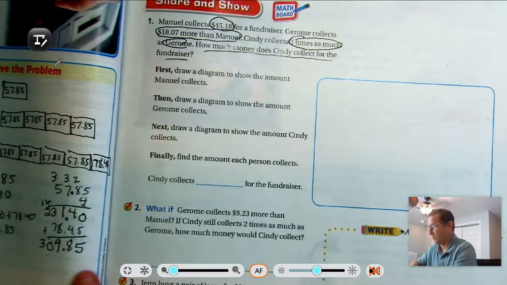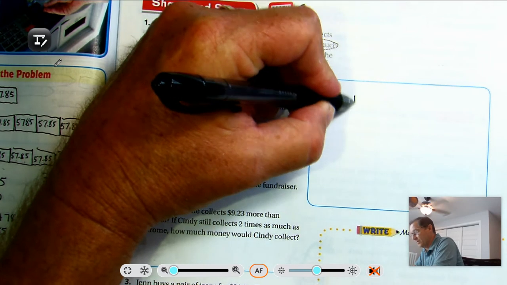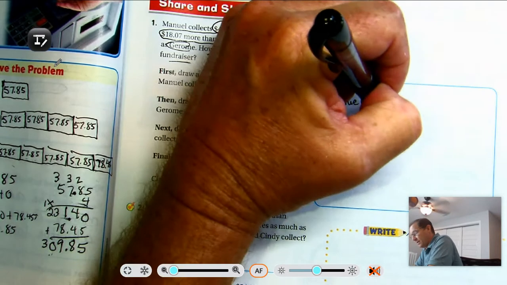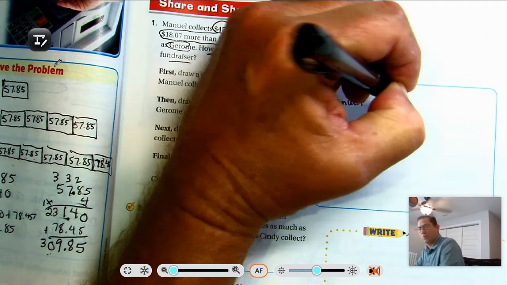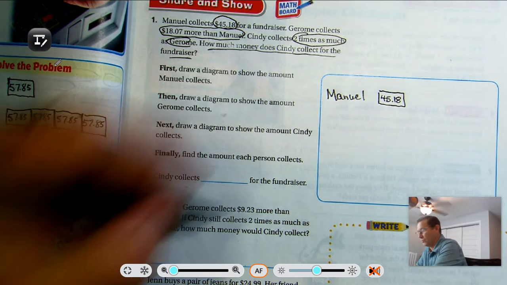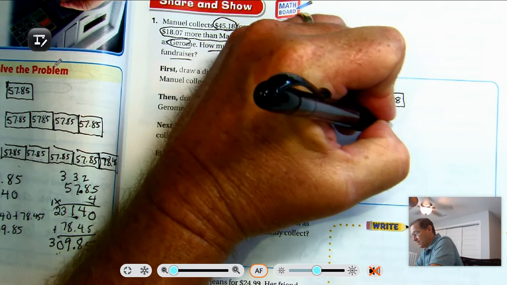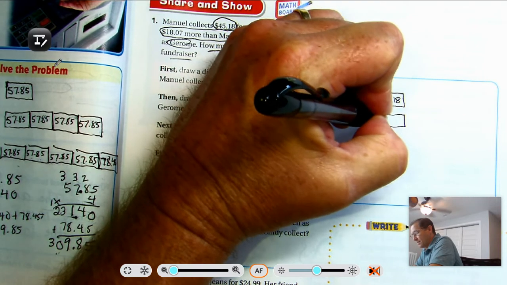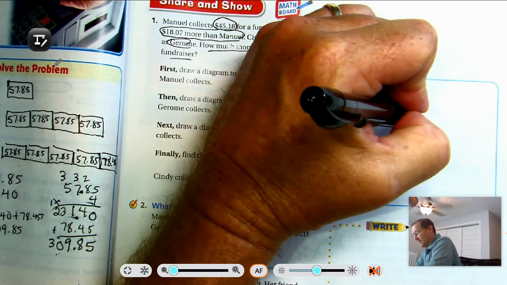So we're going to first start with Manuel because his amount was given to us. And we know he collects $45.18. Jerome collected $18.07 more.